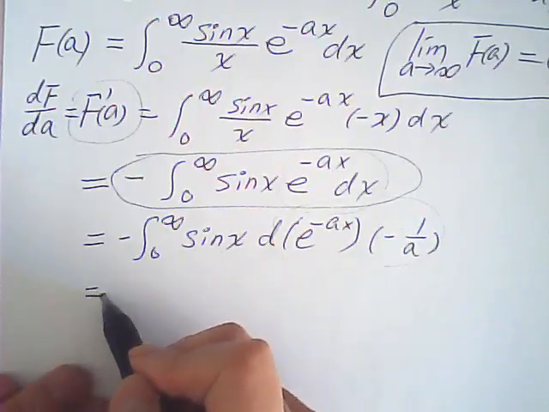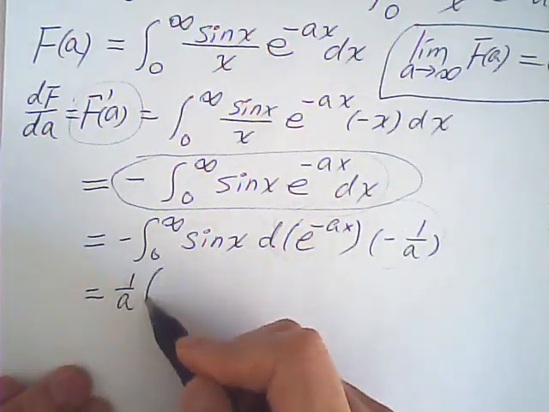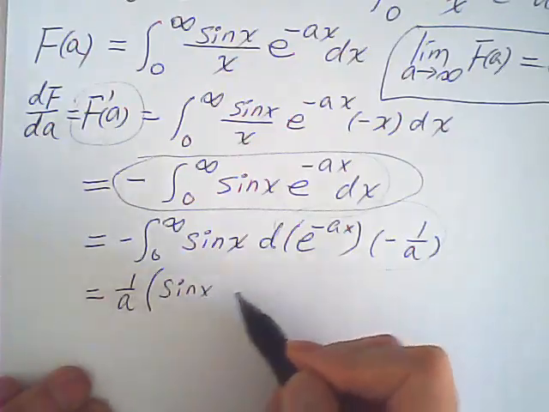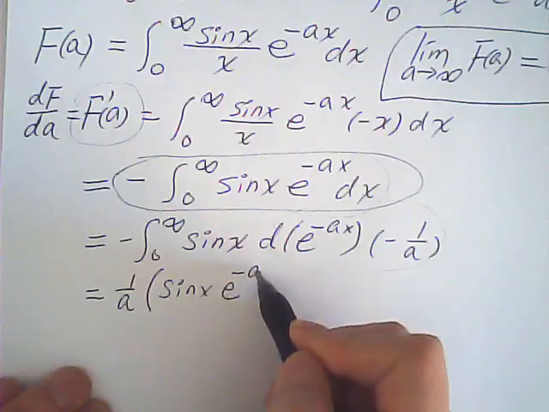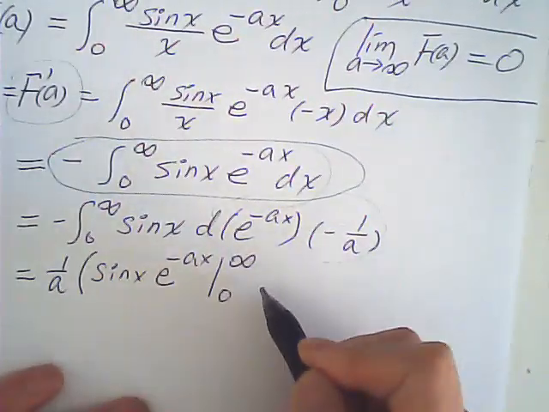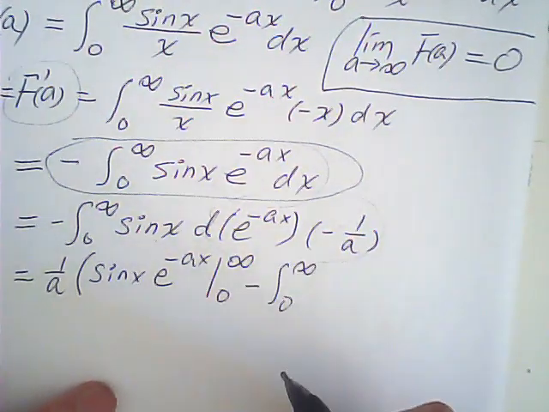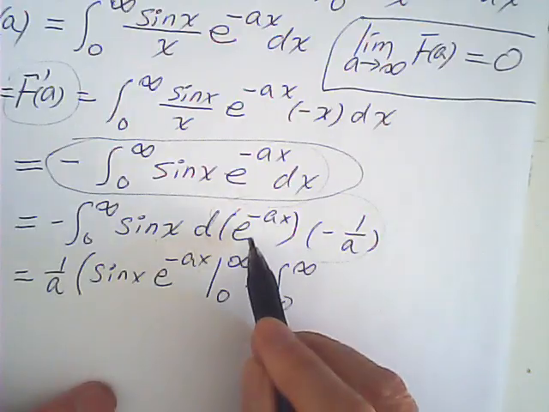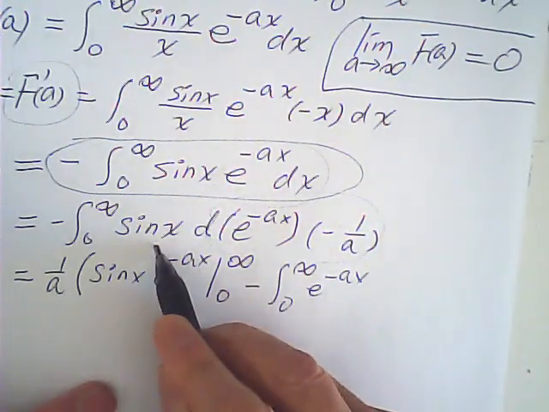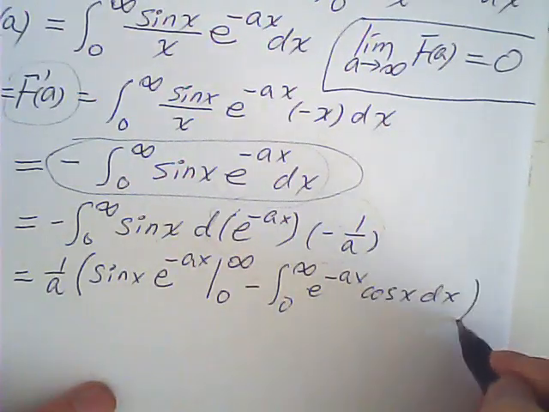So this one is equal to 1 over a, negative gone, uv from 0 to infinity, minus the integral of v du. v is this, du is cosine x dx.